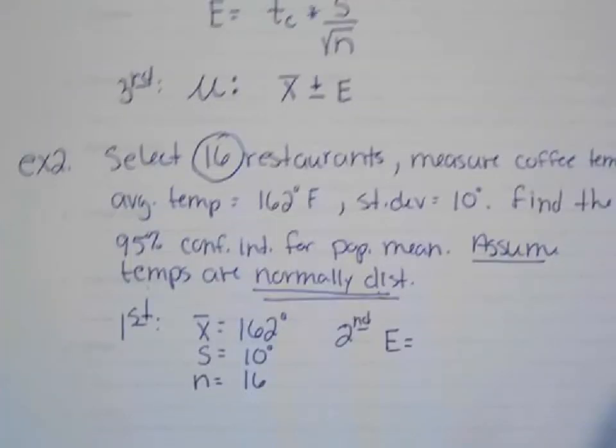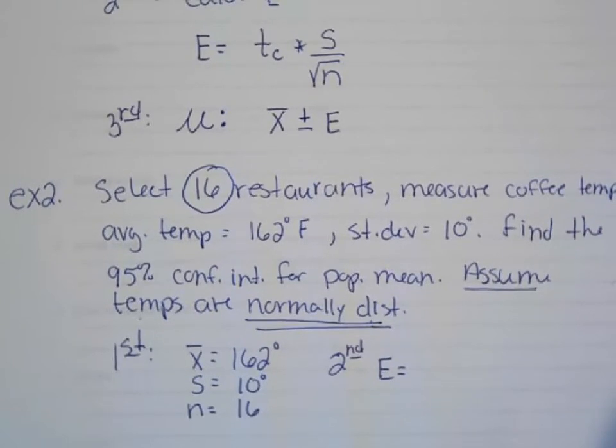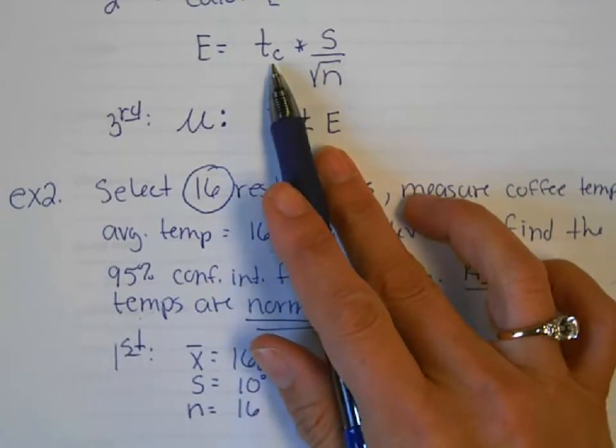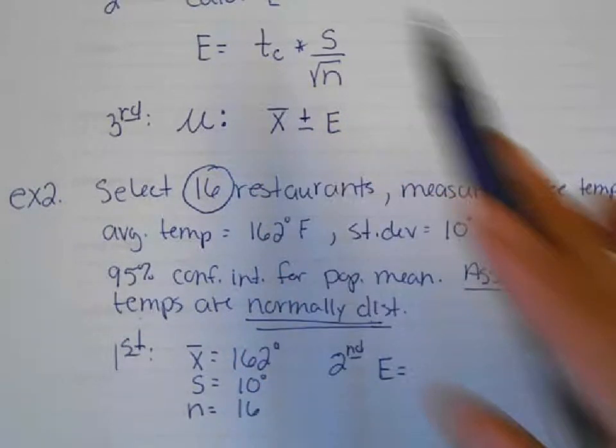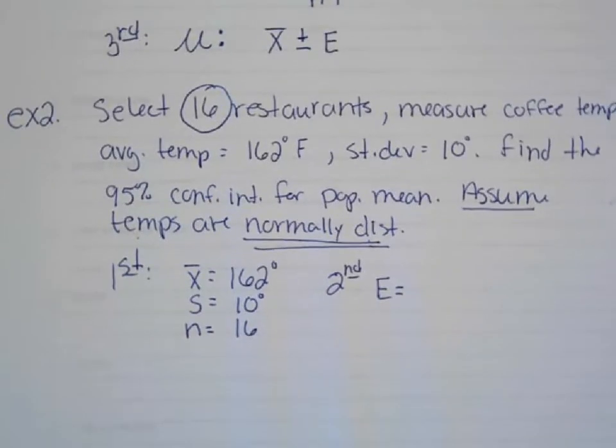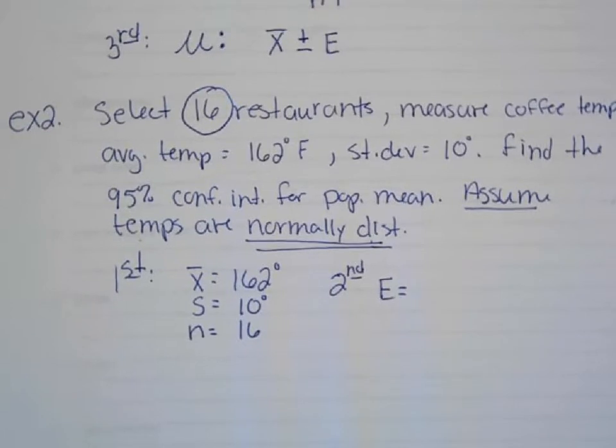If I look at the formula, what's the first thing I need to know? My T for my given confidence level, and my sample size. So go to your T table. See if you remember how to read the T. It's going to be different for every single problem. So do we go to 16? Because that column is labeled DF. So what should we be going to? 15.